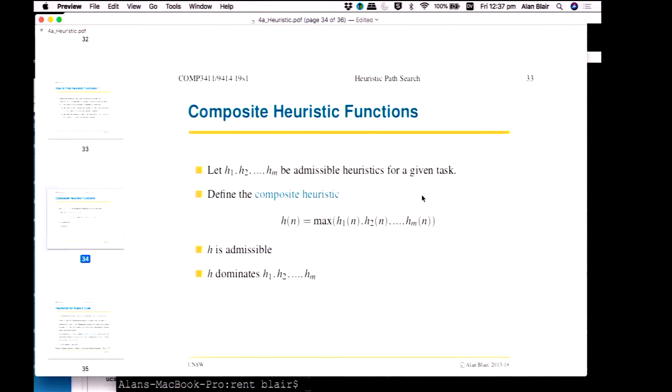Okay, so now let's think about this for a minute. How would you come up with a good heuristic for this Rubik's Cube? What we're doing is, I give you the cube in a particular state, and you have to estimate how many moves it is away from the goal state.